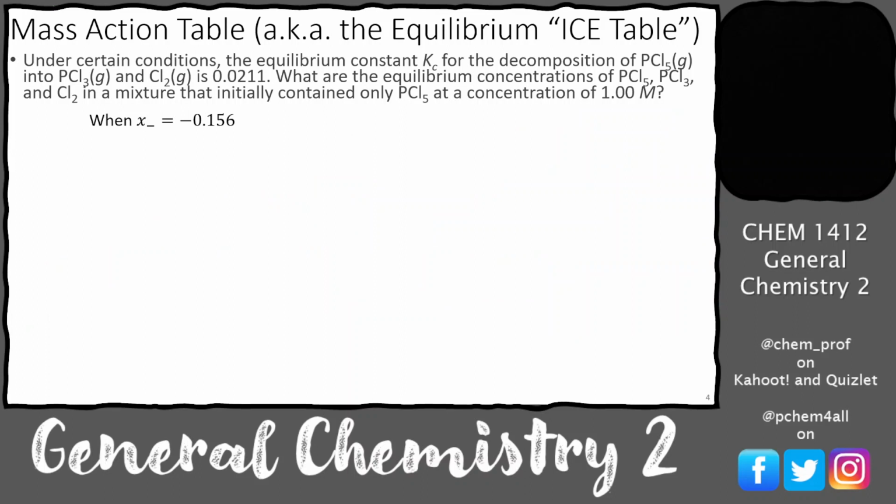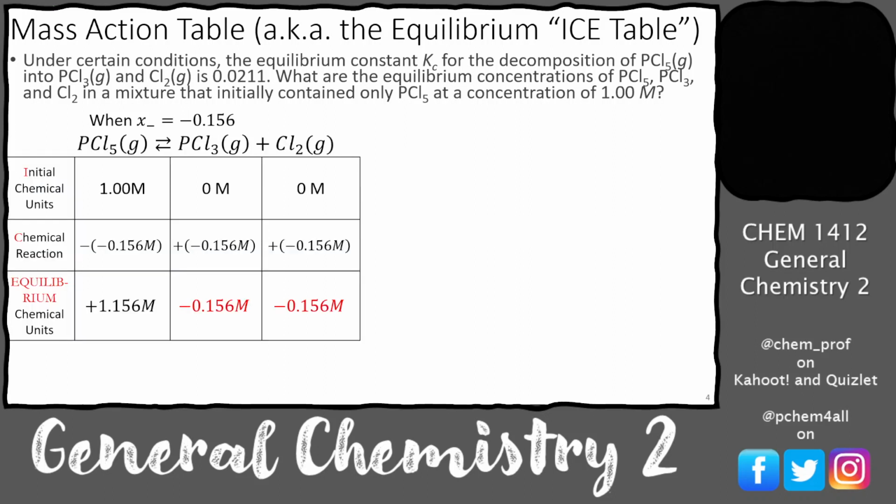So let's look at the ramifications. Notice we're using the minus root when x is equal to negative 0.156. This is what the ICE table looks like. See, I put that negative root in for x in all these places. And so I have 0 minus 0.156, so it produces a negative concentration at equilibrium. And just as absurd, when I put it in here for x, I have 1 minus a negative x, and so this grew.